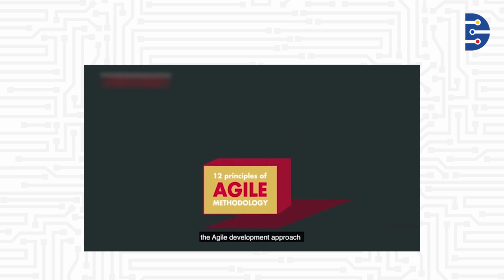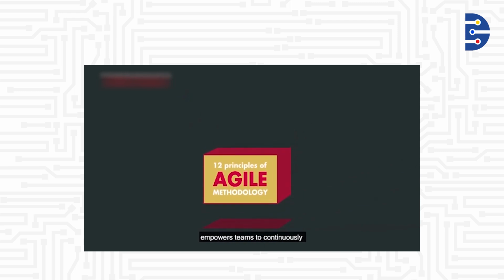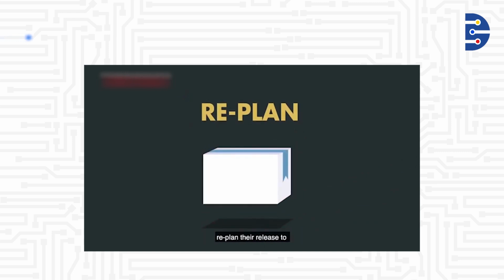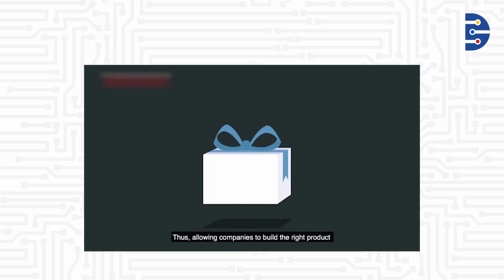In a nutshell, the Agile development approach empowers teams to continuously replan their release to optimize the value of the product throughout development, thus allowing companies to build the right product to stay competitive and relevant.